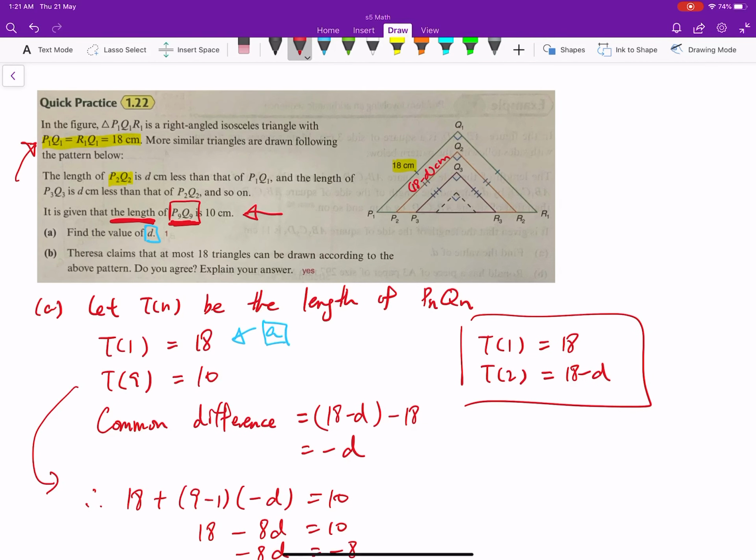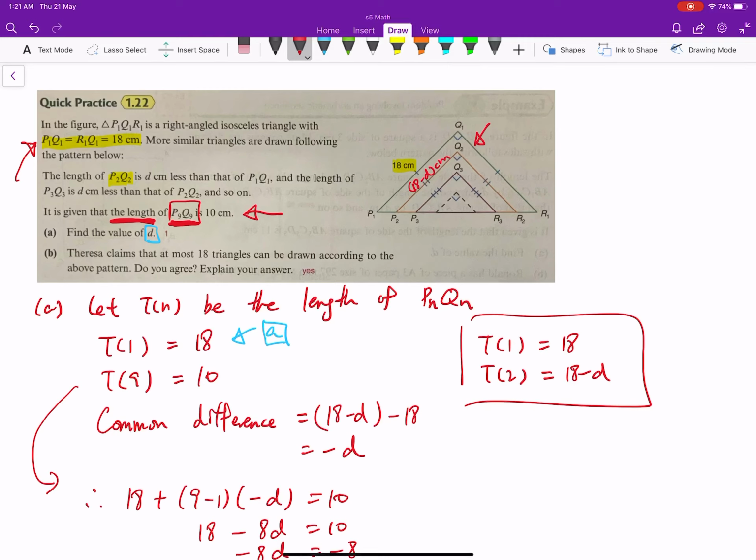Now, Teresa claims that at most 18 triangles can be drawn according to the above pattern. Do you agree? Here you observe the first triangle is the biggest one, and then you draw the second one, which is smaller. Then why can we not draw as many as possible?